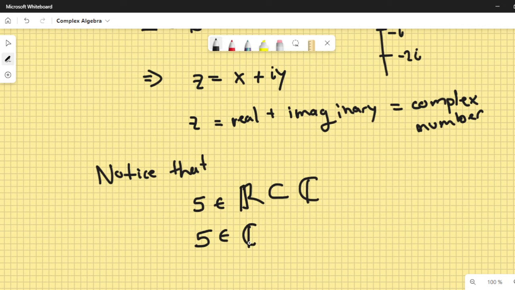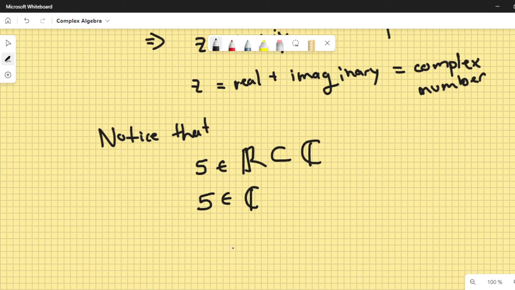It sounds a little bit weird, but if you express 5 as 5 plus 0i, which is the imaginary unit multiplied by 0, it's the same, right? Because 0 multiplied by i is 0, and the 5 is still 5.